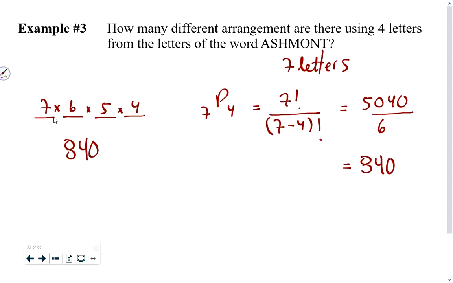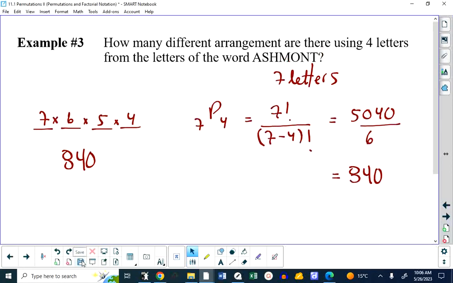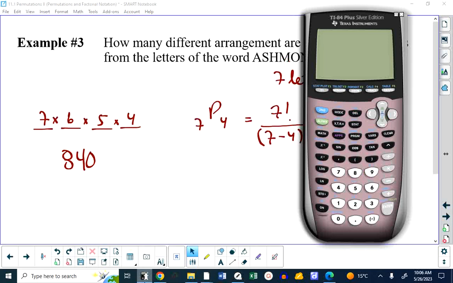Sometimes we have tools that we use because they just make our job easier. And on your calculator, when you go to where you have your factorial, you will see nPr. So on my calculator, and I'm in the non-advanced mode right now, I would enter 7.